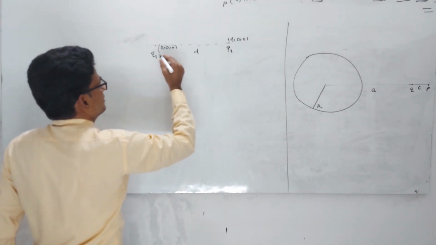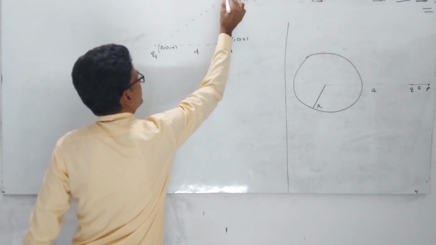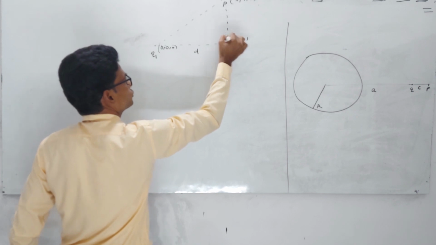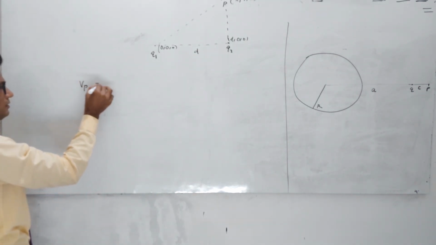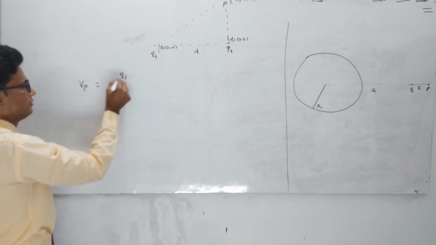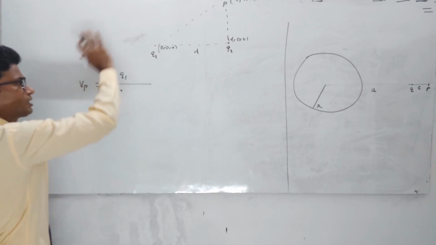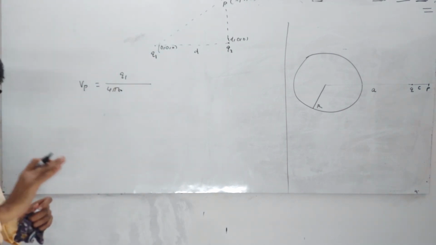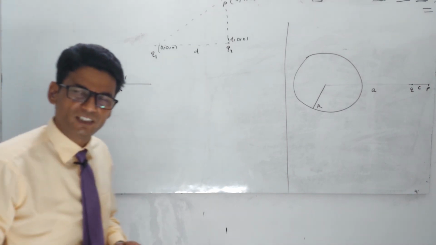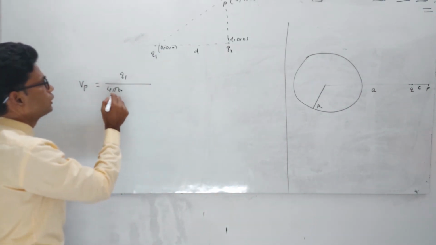We have to find the potential of Q1 and Q2 at point P. So we all know Vp is Q1 over 4 pi epsilon naught. Space is assumed to be vacuum. These two point charges are placed in vacuum.